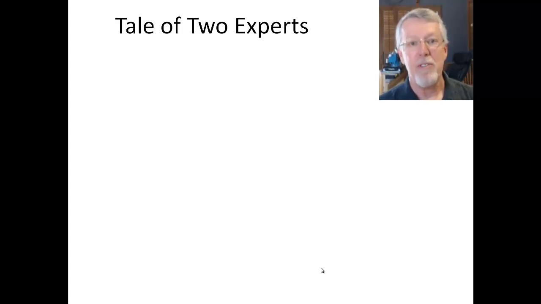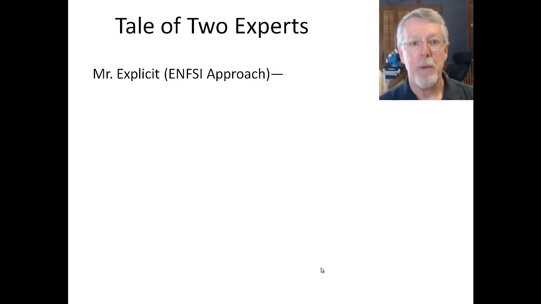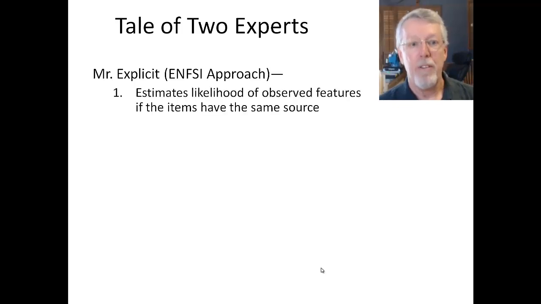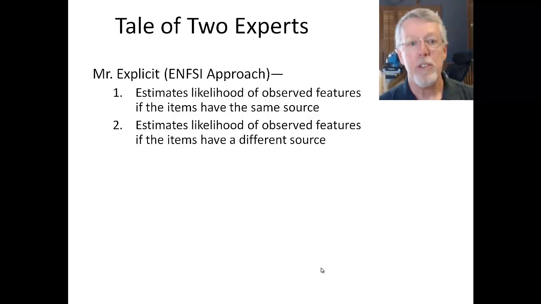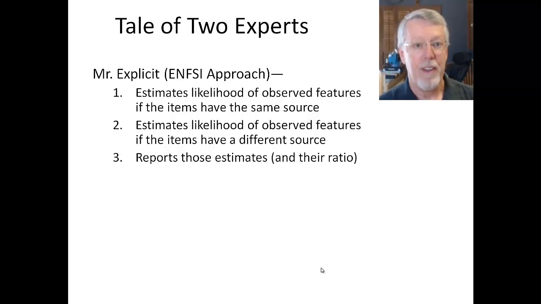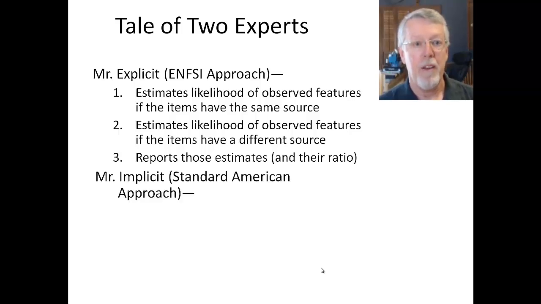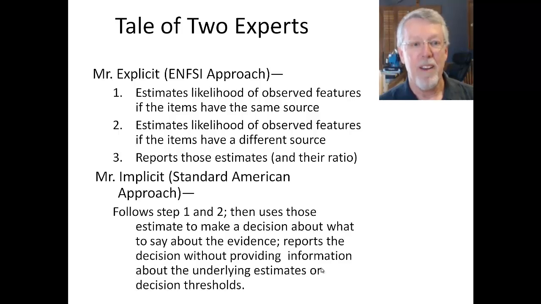To illustrate this, let's imagine two different experts. Expert number one, Mr. Explicit, follows the approach recommended by the European Network of Forensic Science Institutes. Compares two items, estimates the likelihood of the observed features if the items have the same source, estimates the likelihood of the observed features if the items have a different source, and then reports those estimates and their ratio. That would be the European approach. Another expert, Mr. Implicit, an American, follows the standard American approach.